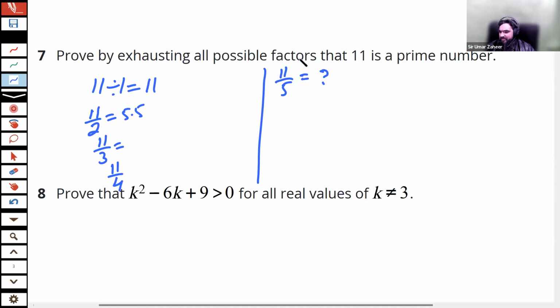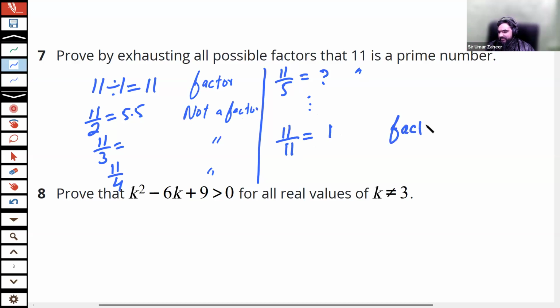So look here, he says all possible factors. 1 is a factor. The others are not factors, not a factor, not a factor. We have to move until the midpoint. After the midpoint, obviously, we jump to 11 divided by 11, that is 1. So it means that 11 is also a factor.